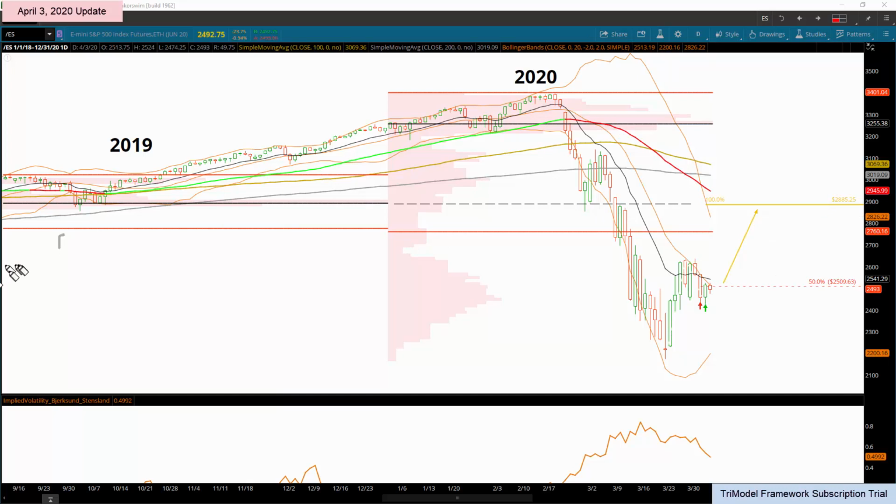What else do I want to point out right here? Let me see if I can use a smaller marker. All right. So this red candle here two days ago was followed yesterday by a green candle, and the green candle closed above the 50% mark of that red body.